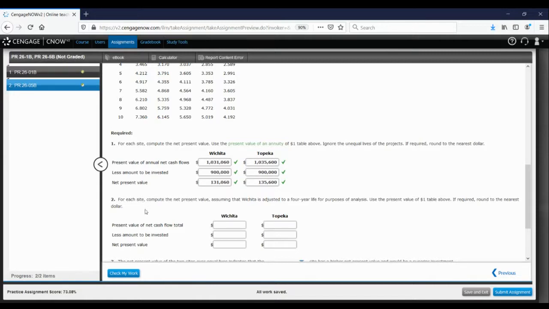For part 2, we're going to also compute the net present value, assuming that Wichita is adjusted to a 4-year life for purposes of analysis.